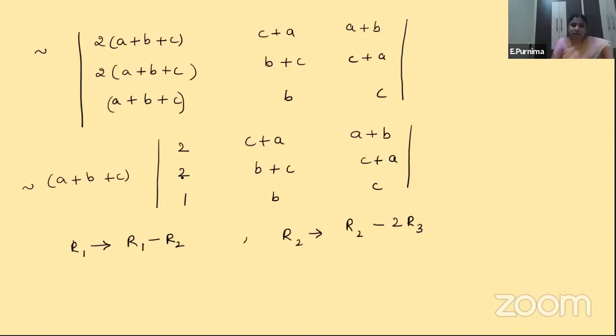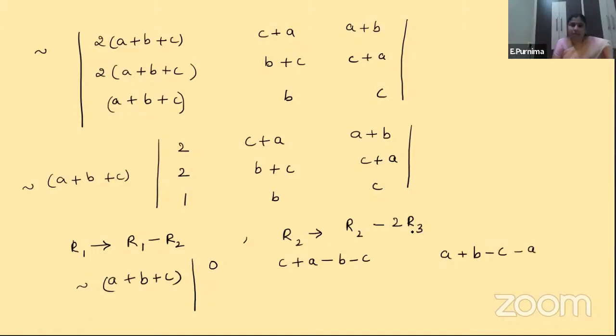So now let us do the transformation and write the elements in the determinant. A plus B plus C into. Okay, what are the elements in the determinant? It is 0. Now here, R1 minus R2 we are saying. So C plus A minus B plus C. That is minus B minus C. And here, A plus B minus C plus A. That is minus C minus A. Next here, R2 minus 2 into R3.